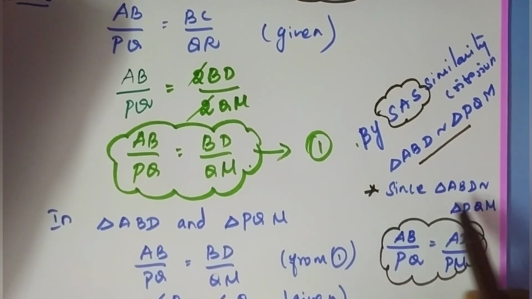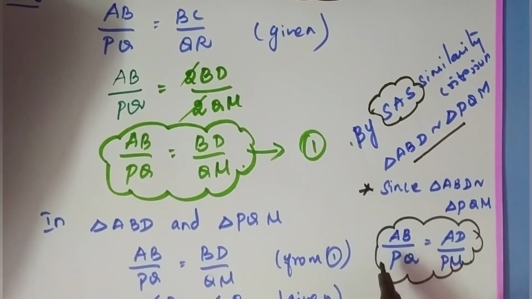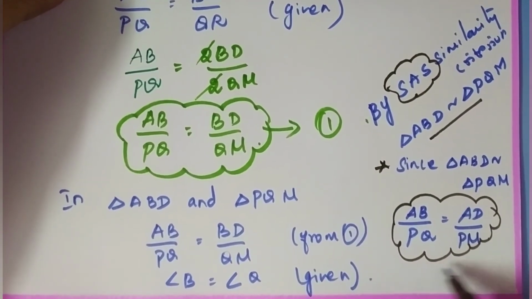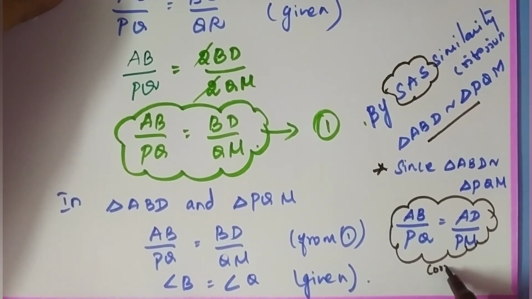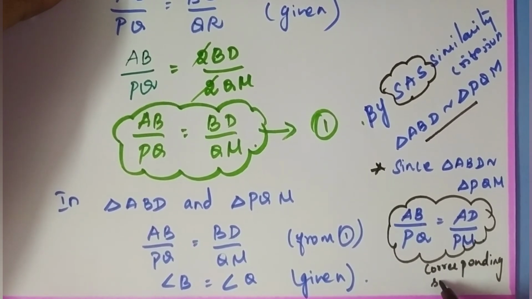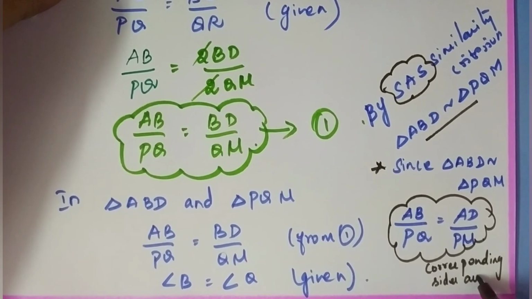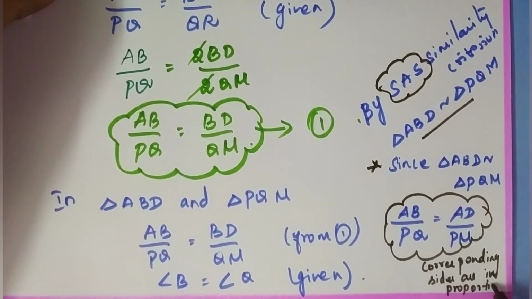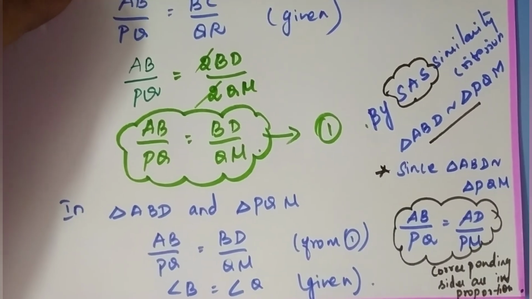Since the triangles are similar, the corresponding sides are in proportion. Clear? Thank you.